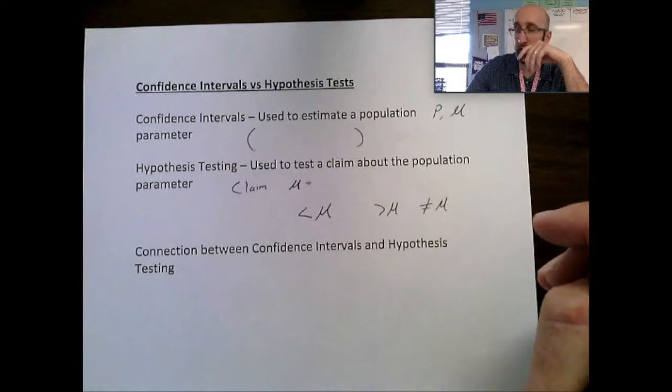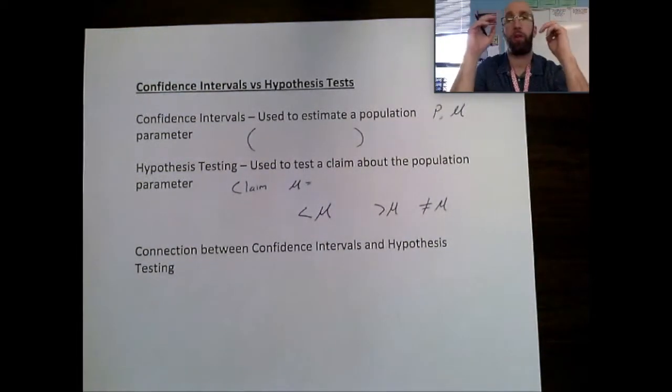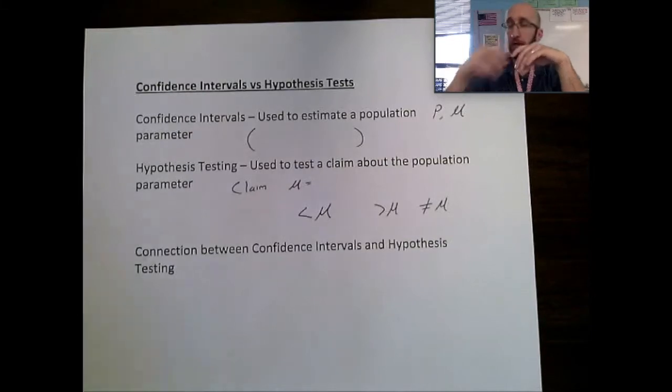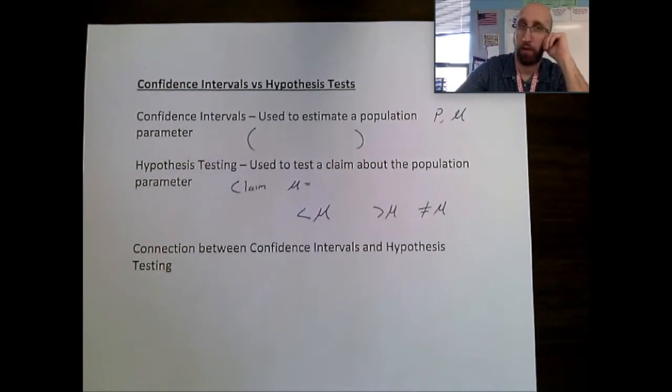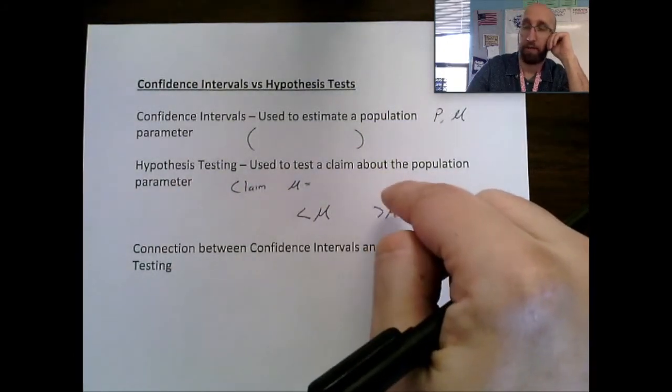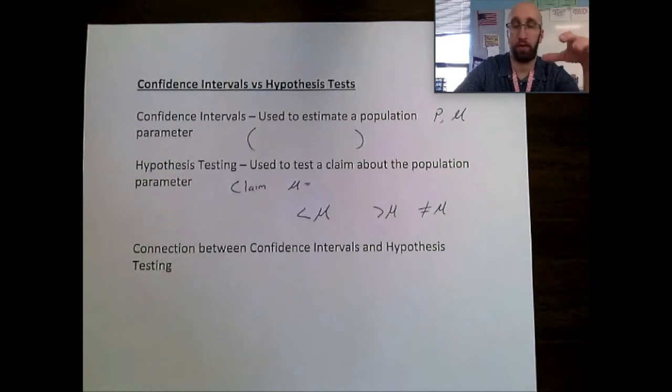So what is the connection between confidence intervals and hypothesis tests? What you'll find is you can accomplish kind of the same task with both. A hypothesis test is a hypothesis test, but you could use a confidence interval to do the same thing.